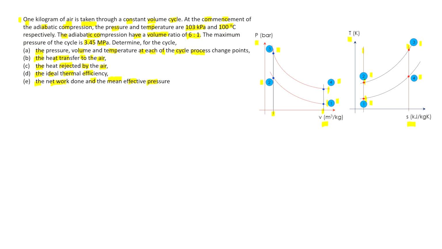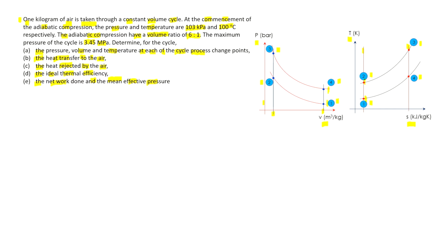So how are we going to see whether this point here is supposed to be point 1? You have to look back to the PV diagram which we have drawn. Point 1 is at the lowest pressure, so we will be dealing with the lowest temperature.